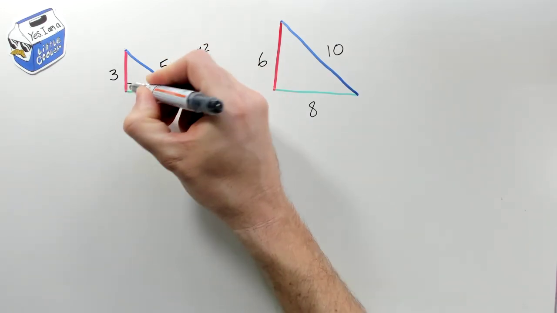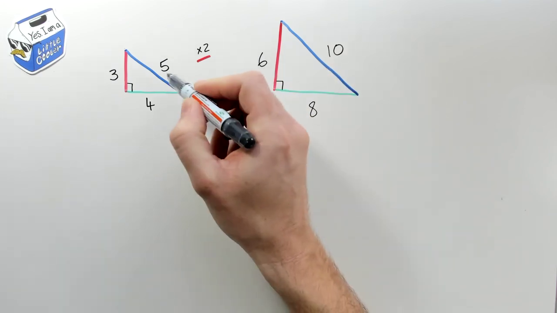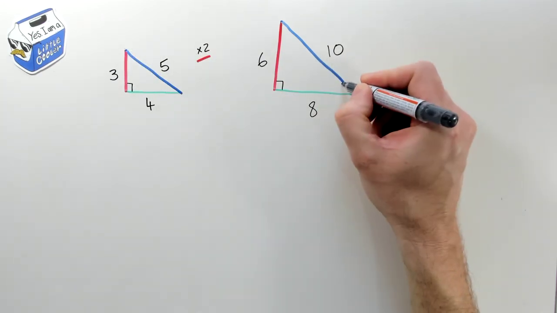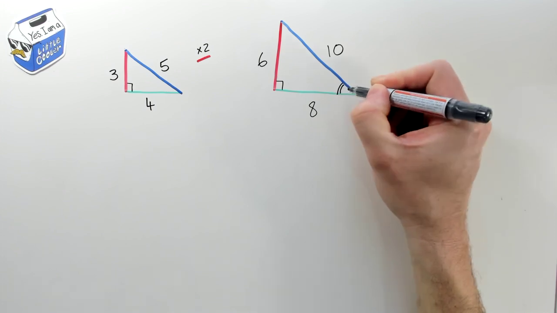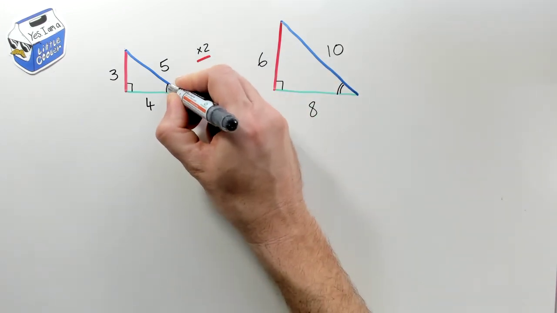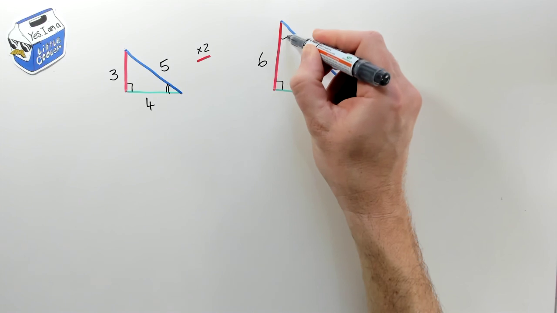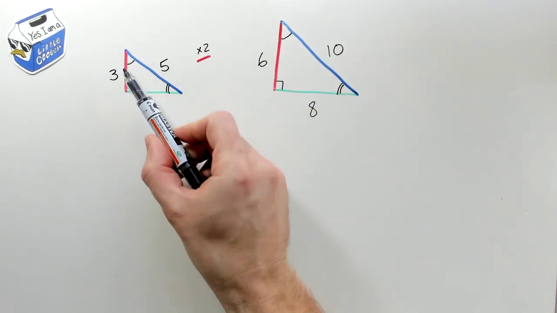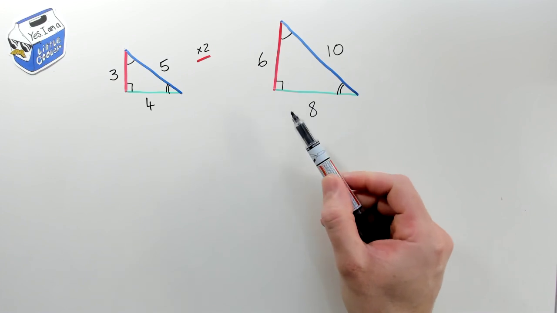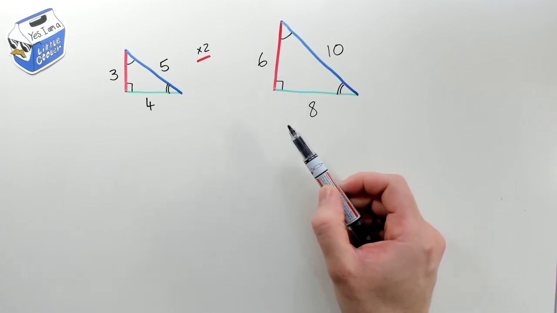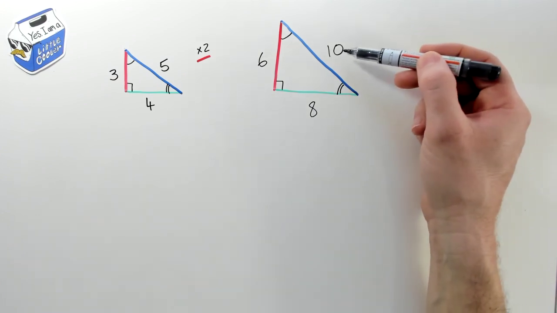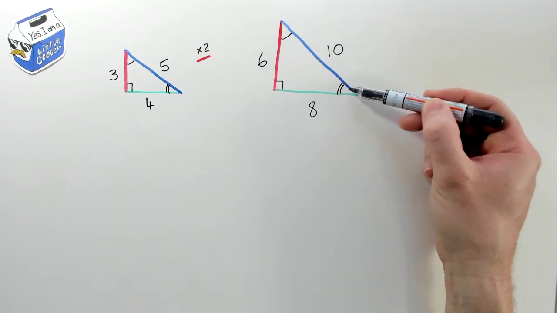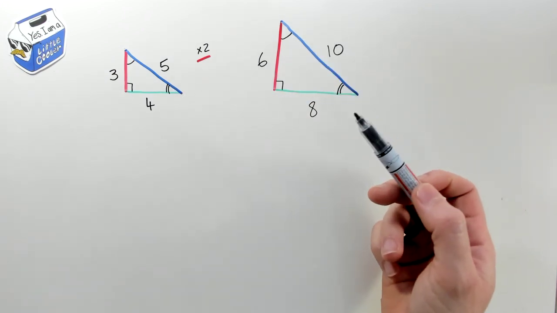I know this one is 90 degrees because this is a 3, 4, 5 triangle, because of Pythagoras, but this angle will be the same as that angle, and this angle will be the same as that angle. So all corresponding angles in similar shapes will always be equal. Alternatively, if I made this 11, that would change that angle and the angles would no longer be the same.